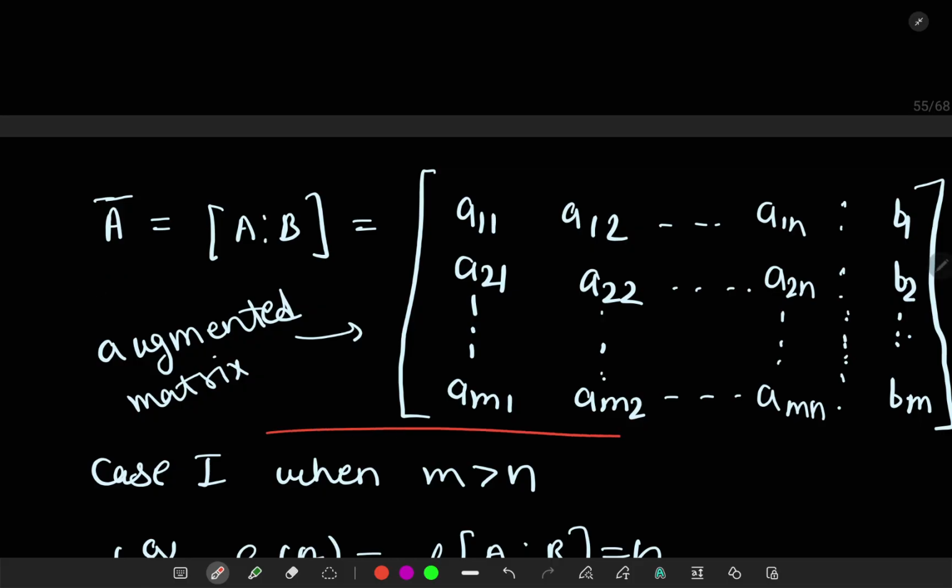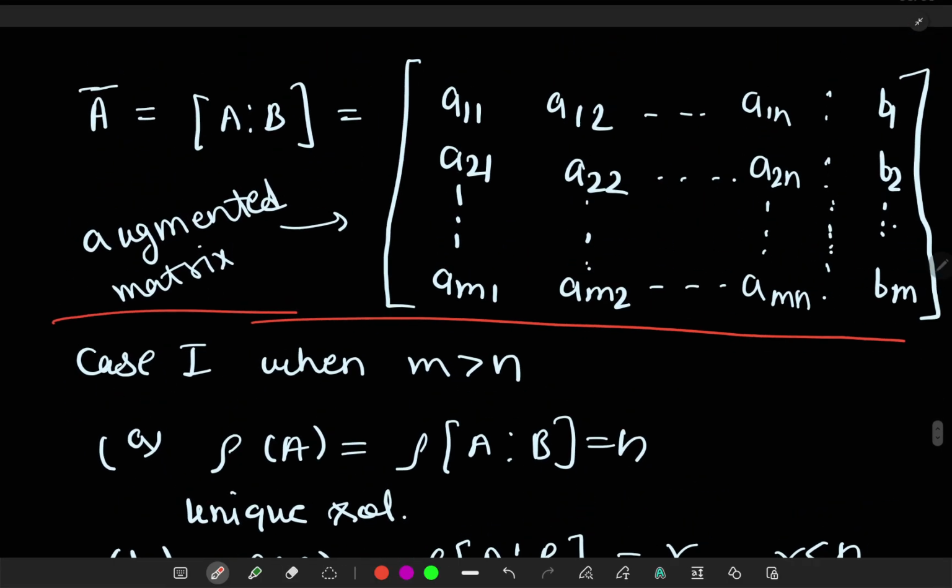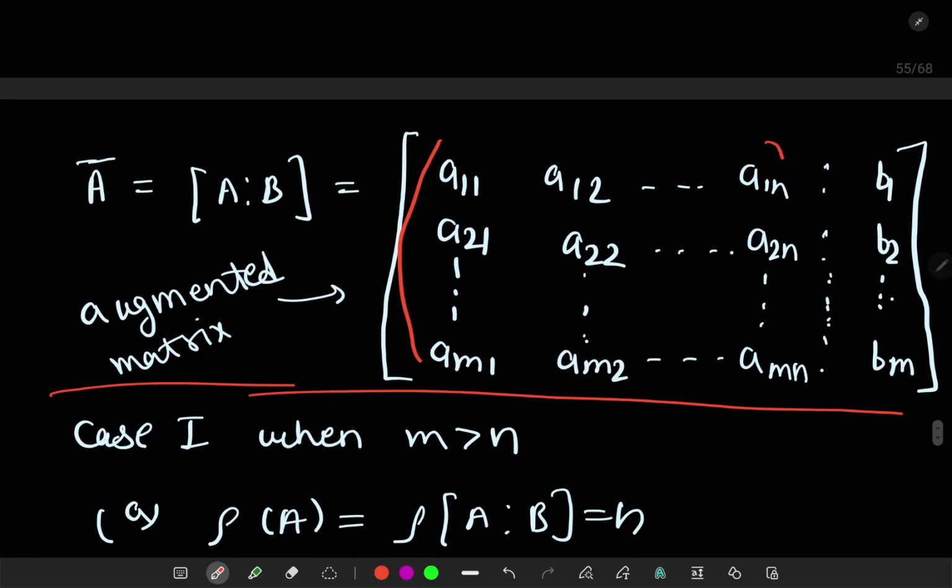Here this is the general representation of the augmented matrix. Here this represents matrix A and this is matrix B.